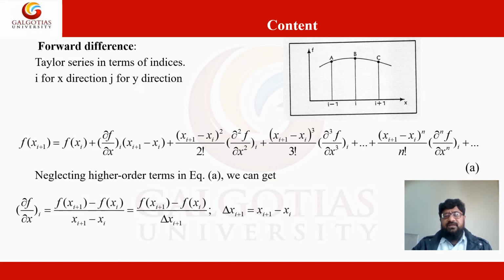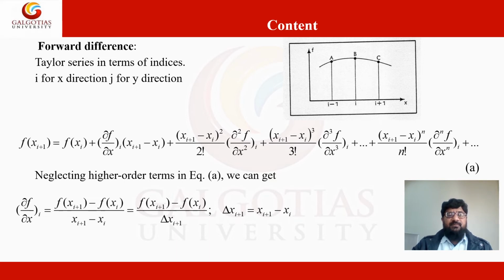So here we have a function f which varies accordingly, and at I we want to calculate the gradient del f by del x, and there is a neighborhood point I plus 1 and a backward point I minus 1.